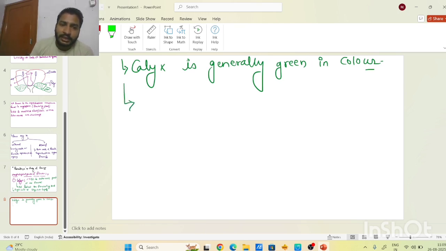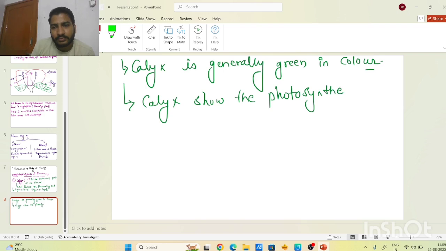So we can say that calyx shows the photosynthesis process. ये ग्रीन कलर का होता है बेसिकली, और ग्रीन कलर का है, इसका मीनिंग है कि इसके अंदर क्लोरोफिल है, और क्लोरोफिल है ये दर्शाता है कि इसके अंदर फोटोसिंथेसिस का प्रोसेस होता है। Okay, now we are discussing the calyx.